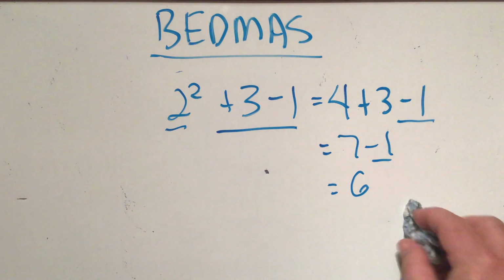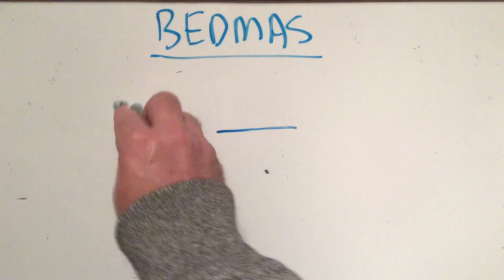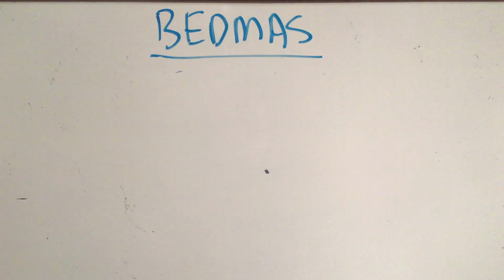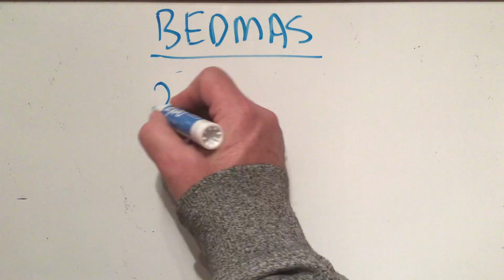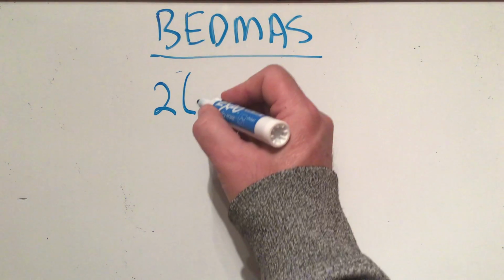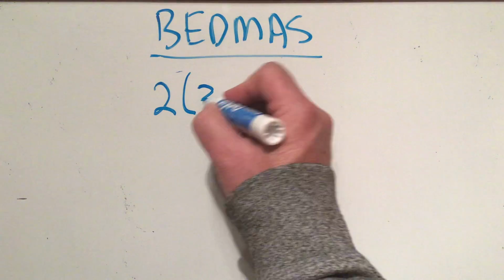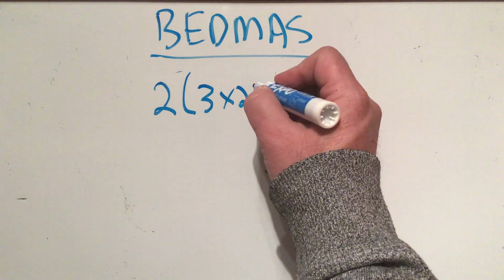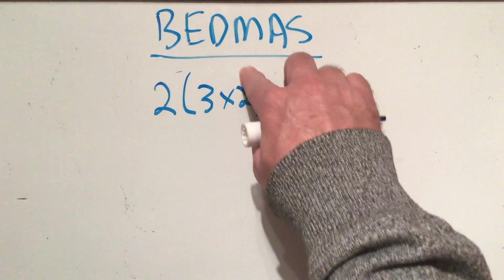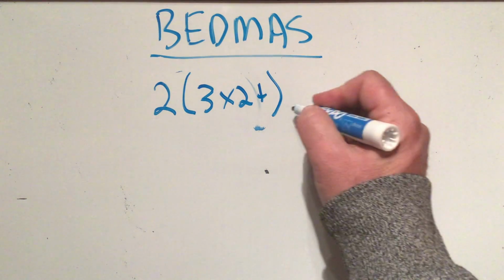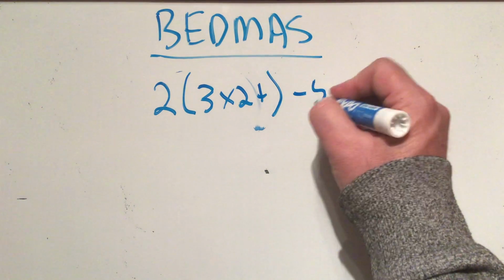Okay, so let's do a slightly more difficult one. So say I have 2 against a bracket, 3 times 2, actually, plus 1 minus 5.